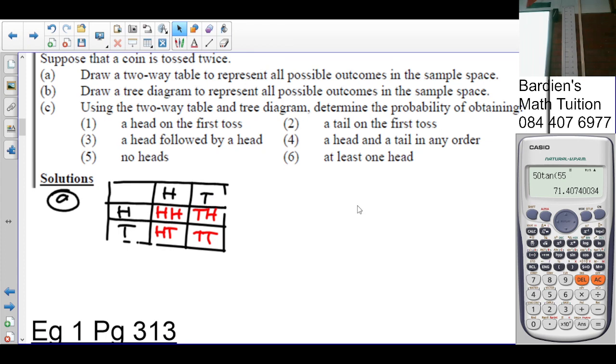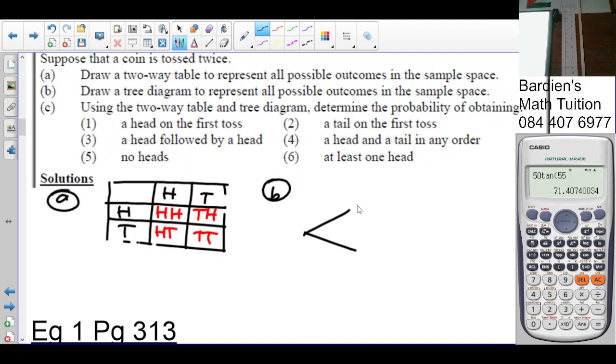So in B it says, draw a tree diagram to represent all possible outcomes in the sample space. So if you draw a tree diagram, those are your branches, okay? What are my outcomes on your first toss?